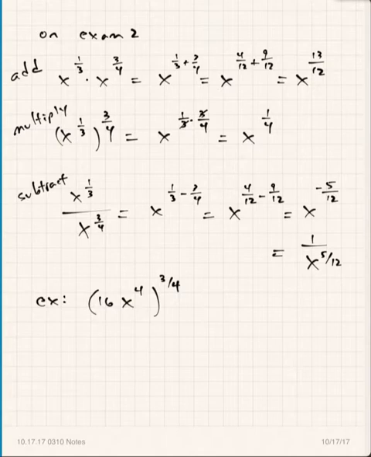All right, so we're going to look at a little bit more complicated expressions that have fractions as exponents somewhere in there. Now, you don't do anything different on this problem than you would have if that 3/4 had been something that was not a fraction. So you're going to raise each of these factors separately to the 3/4 power. Like that.